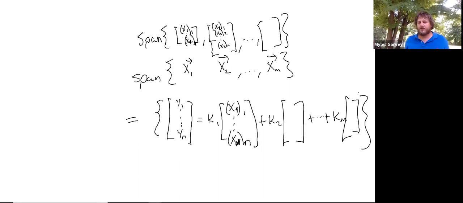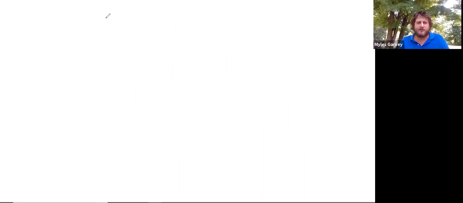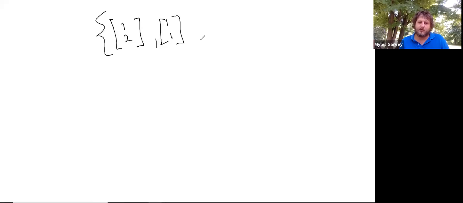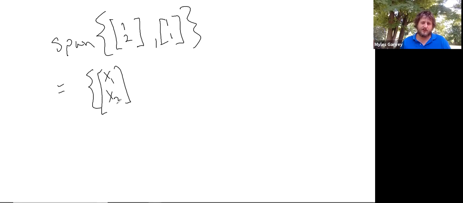So, for example, let's take the collection of vectors (1, 2) and (1, 1). The question is, what is the span of these two vectors? What is the vector space? What is the set of vectors? This is defined as the set of vectors (x1, x2) such that I pick any two numbers in the real numbers, and I can write this vector as what's called a linear combination, which we'll get more into in a follow-up video.